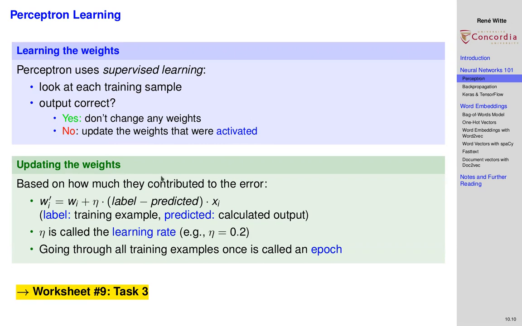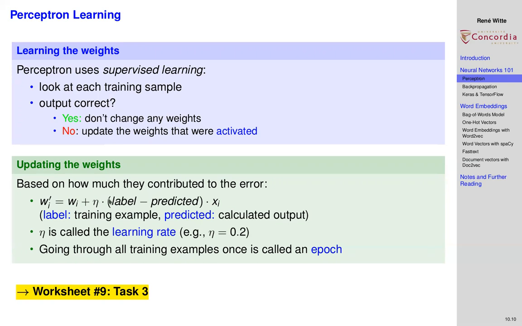So now, how can we change the weight? Basically, what we do is we look at how much did each of these input weights contribute to the error. So the important thing is that we look at the difference between labeled and predicted output. Labeled is from the training data, predicted is what we just computed. And this we multiply with the input value. We also multiply it with a so-called learning rate.